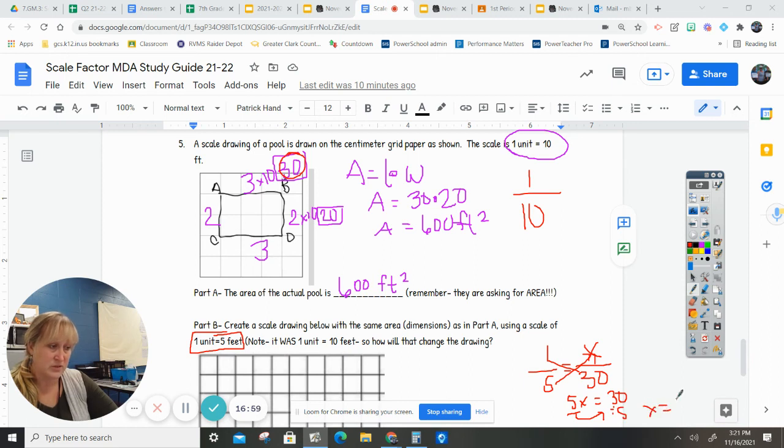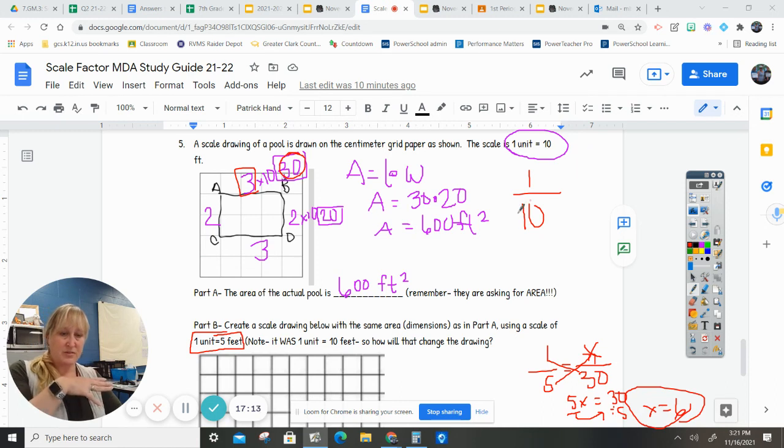Got to move the 5 over with divided by 5. X equals 6. Now what I'm noticing is this jumped from 3 to 6. Does that make sense? If I went from 10 to 5, does that make sense? In my brain, it does make sense because it's taking up a little less space. So I can also logically think if 3 got doubled, 3 to 6, then 2 is going to get doubled to 4.